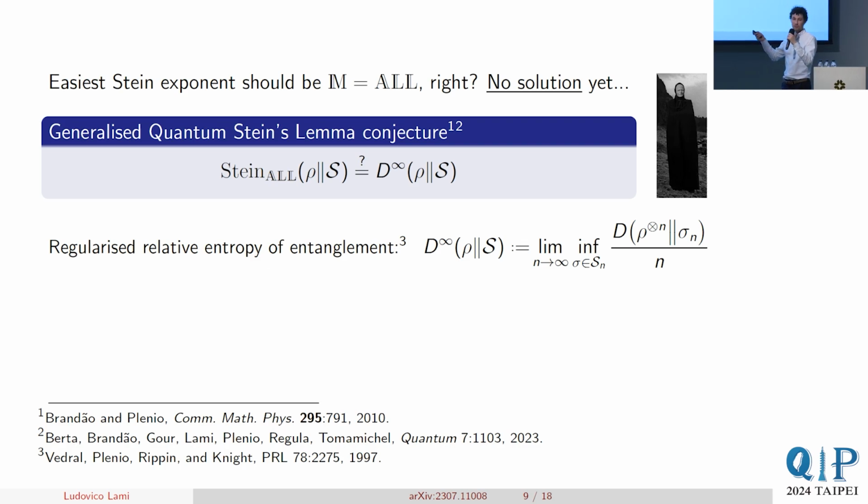This is exactly the generalized quantum Stein's lemma that we heard about in the RAM session, for example. The conjecture is that this is equal to the regularized relative entropy of entanglement, which is given by this funny expression, in which you minimize the relative entropy distance from your state to the set of separable states, and you normalize it and take the asymptotic limit.